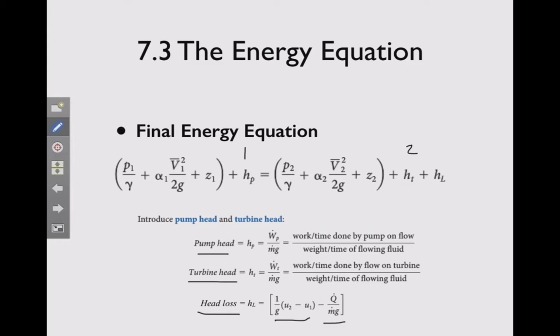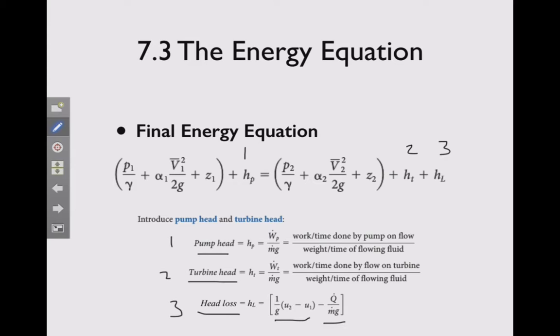So the head loss, as stated in the book, is the conversion of useful mechanical energy. This is our third term here. The head loss is the conversion of useful mechanical energy to waste thermal energy through viscous action.